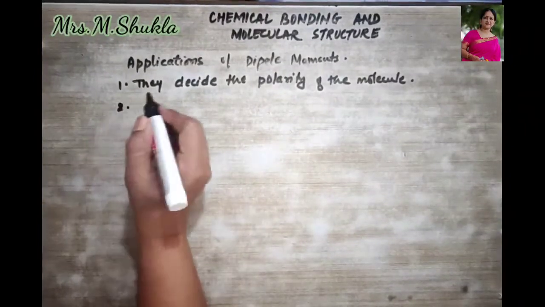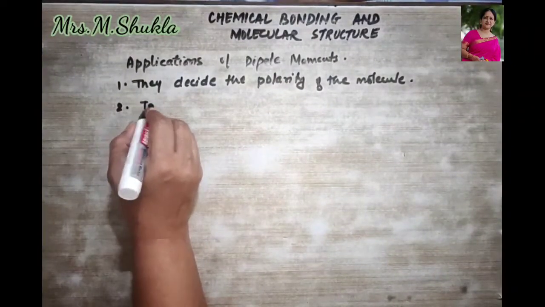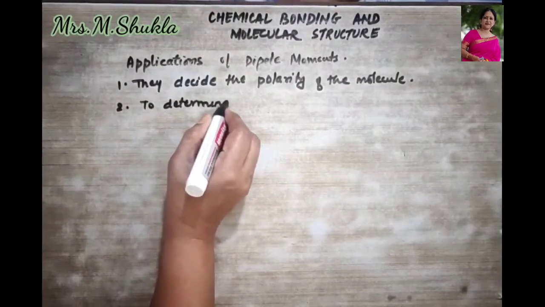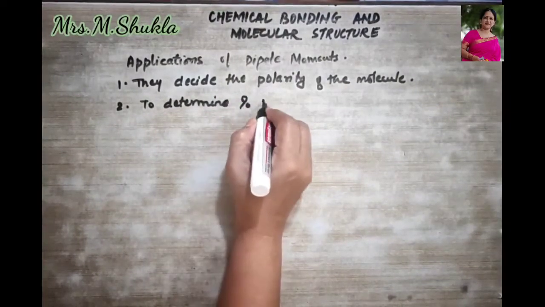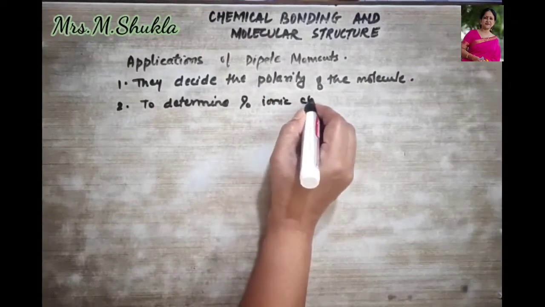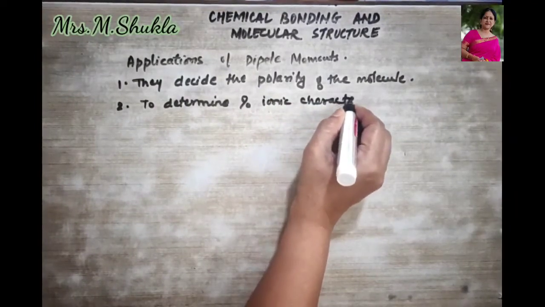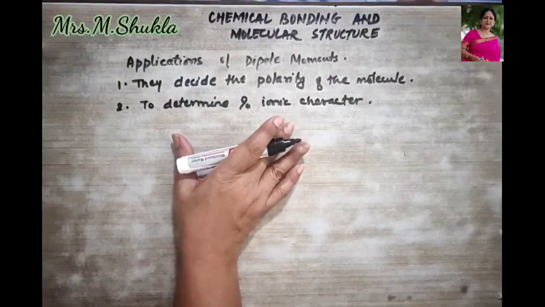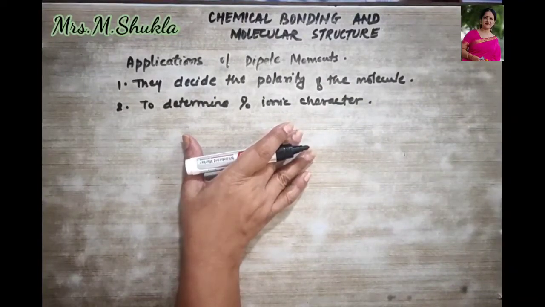Then secondly, they help to determine the percentage ionic character, okay? So over here you note down the formula for it.